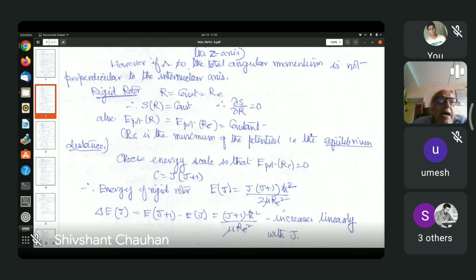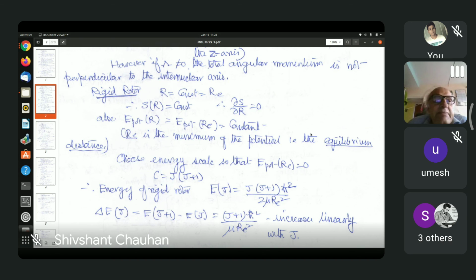We call this minimum R_E, and when the molecule rotates, this R_E remains constant. The nuclei in the molecule have a distance R_E between them, and when the molecule starts to rotate, it remains R_E. That is, a rigid molecule acts as a rigid rotor.